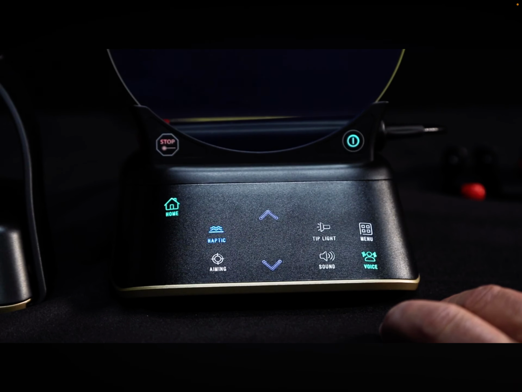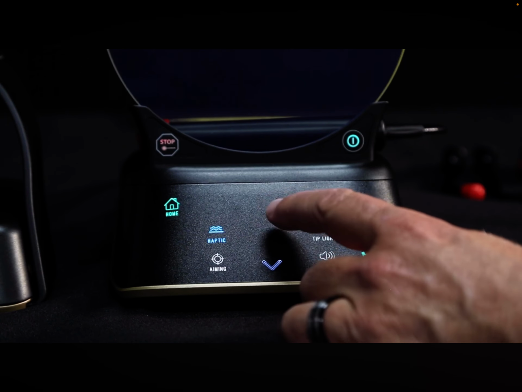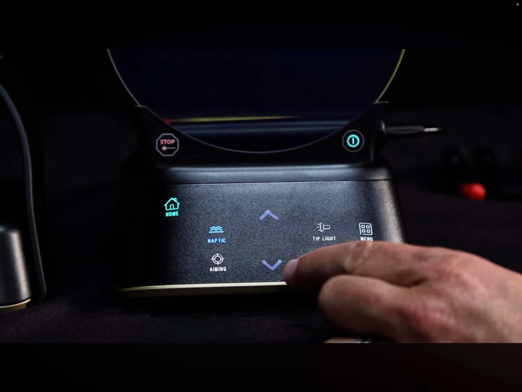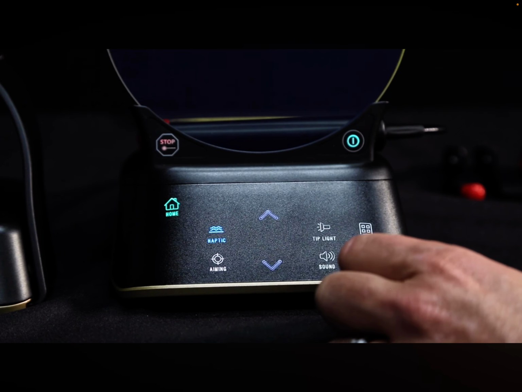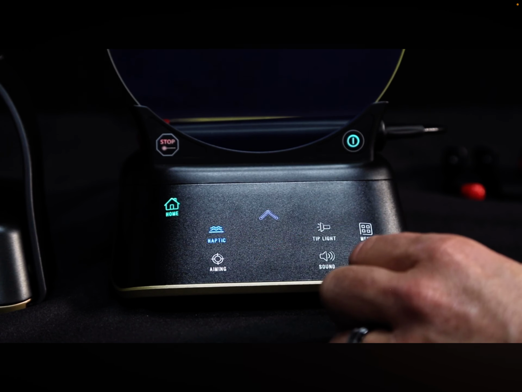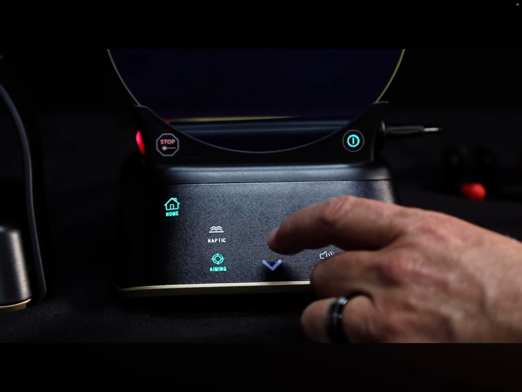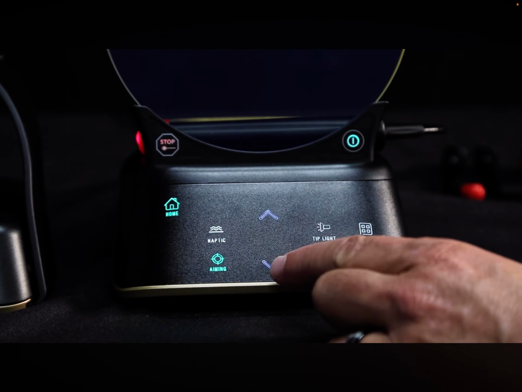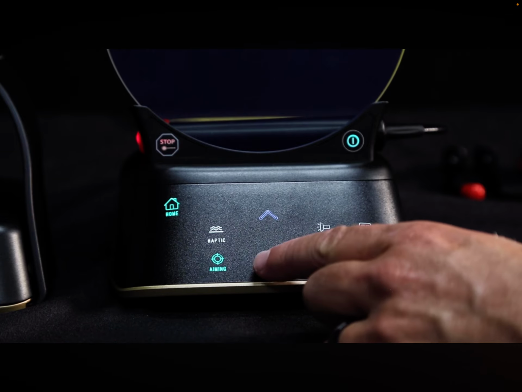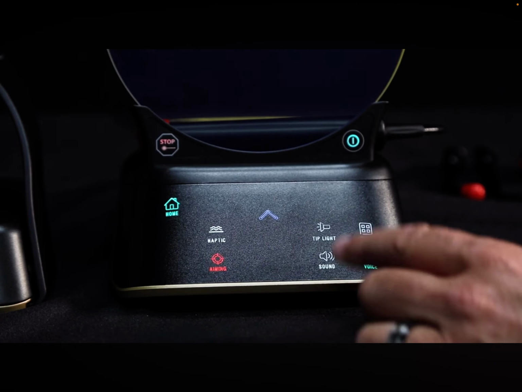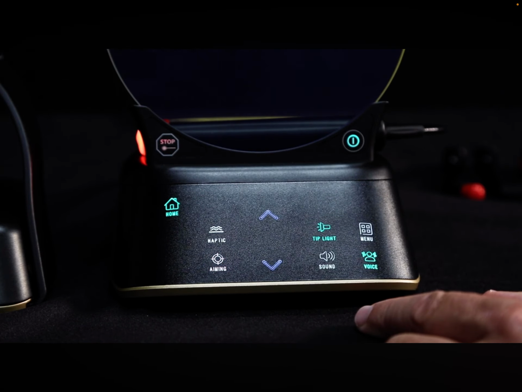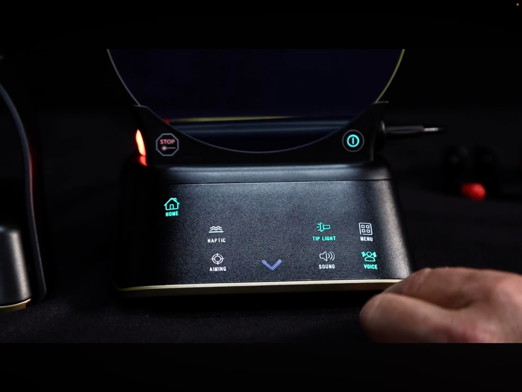To adjust intensities between low, medium, high, and off, touch the arrows up and down. An aiming light is also built in to aid you in visibility during treatment. You can adjust its intensity as well as deactivate it. The Gemini Evo handpiece is equipped with a tip illumination light to provide better visibility of the surgical site during treatment.